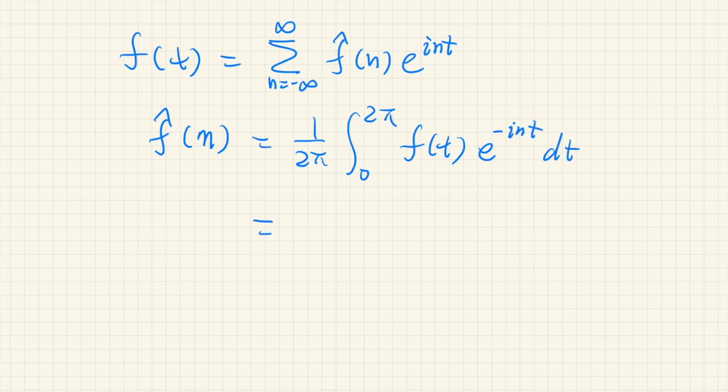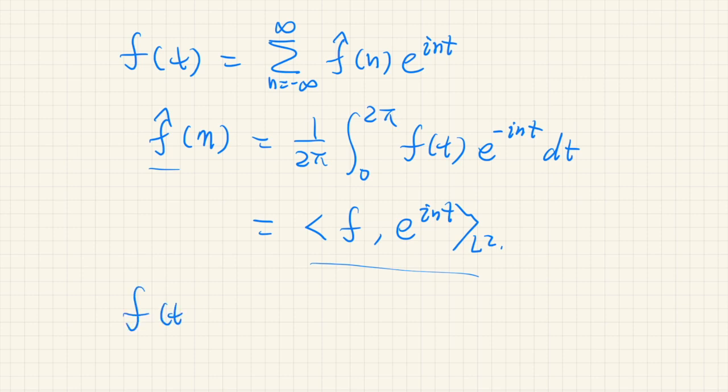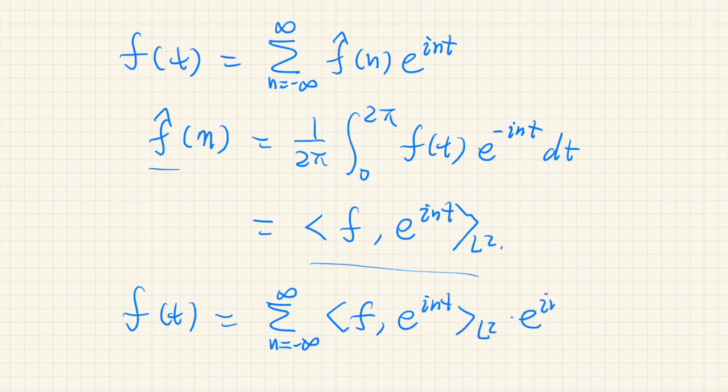But this is nothing but the inner product between f and exponential of int, in L2. So let's replace this f hat with this inner product, and we have the Fourier series expansion as this: the sum of the inner product of f and e^{int}, times exponential of int.